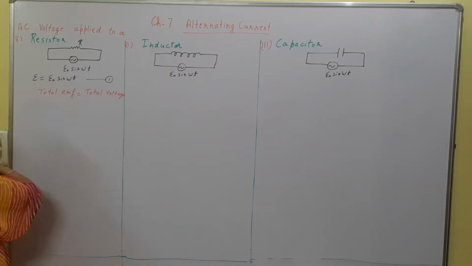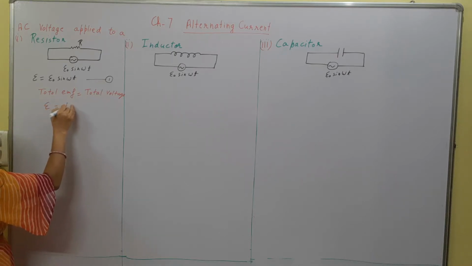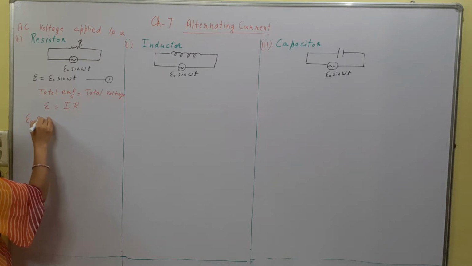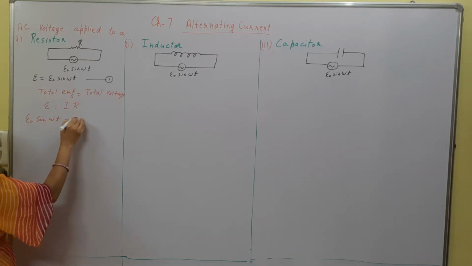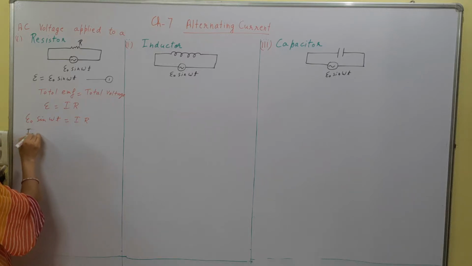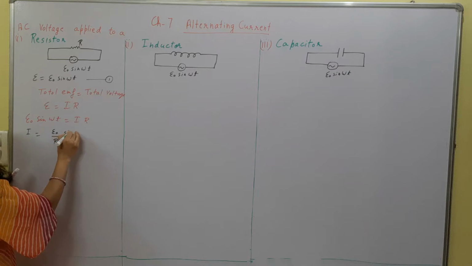You can write down like this. This E is equal to IR, and this can be written as E naught sin omega t is equal to IR. For finding the expression of current, you can write I is equal to E naught upon R sin omega t.